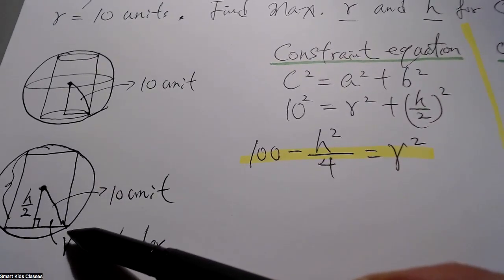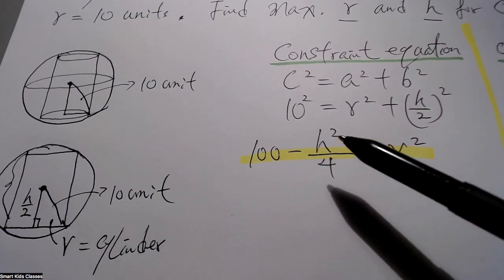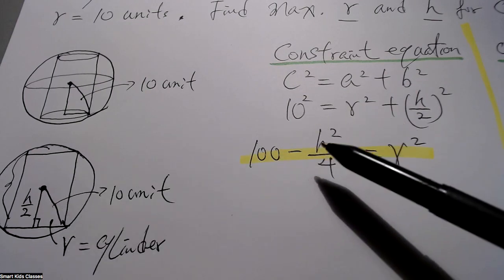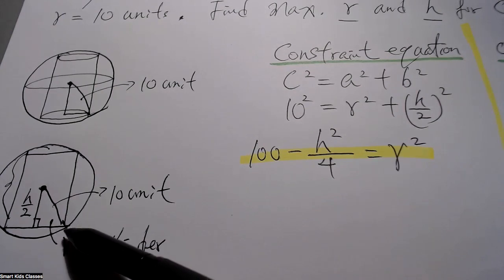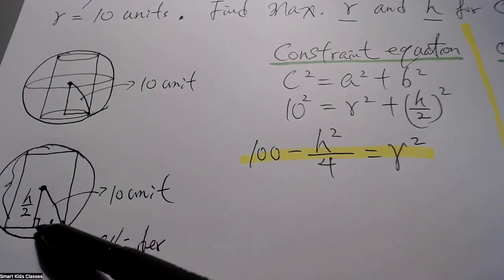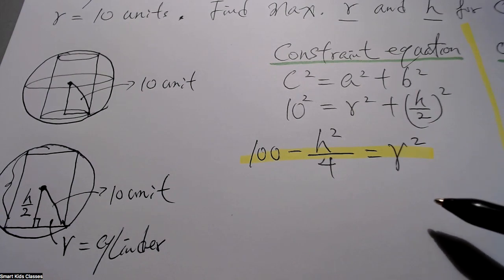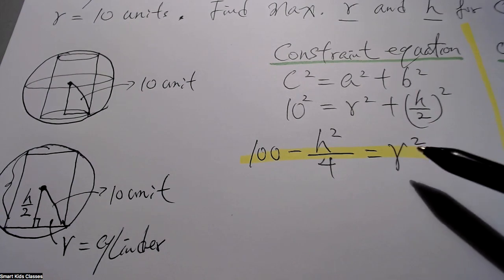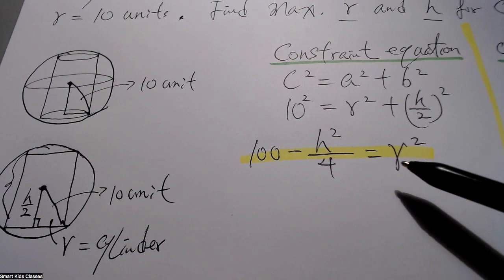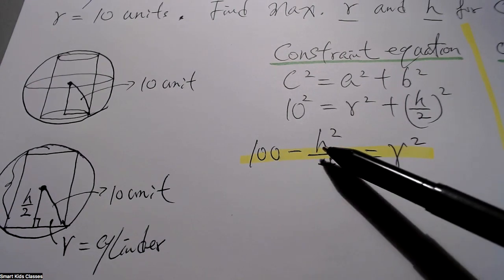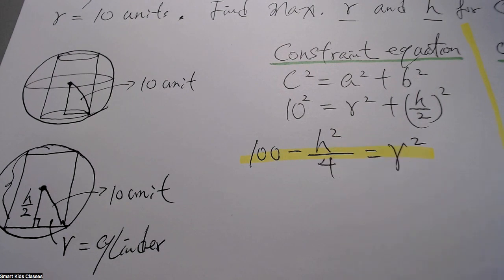This is a right triangle, so the hypotenuse is 10: 10 squared equals r squared plus (h over 2) squared. We isolate the radius squared, so r squared is equal to 100 minus h squared over 4.